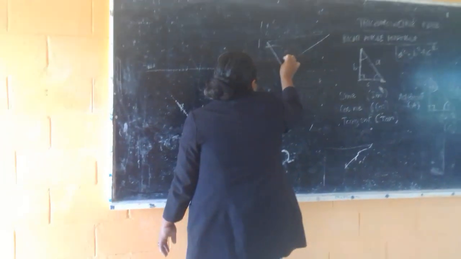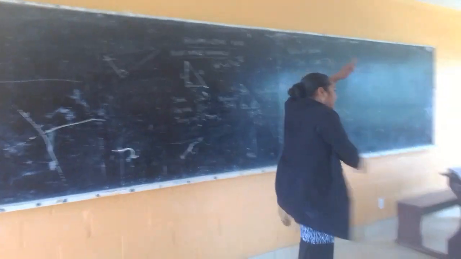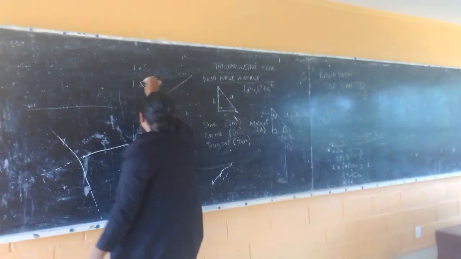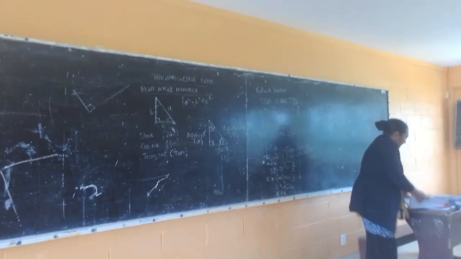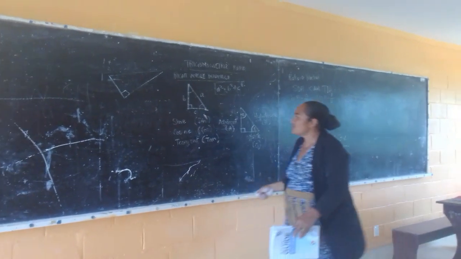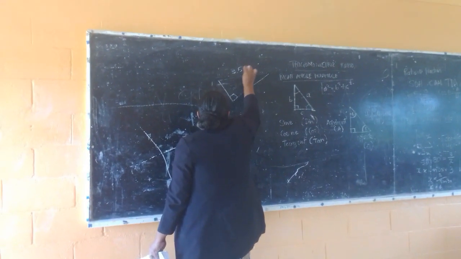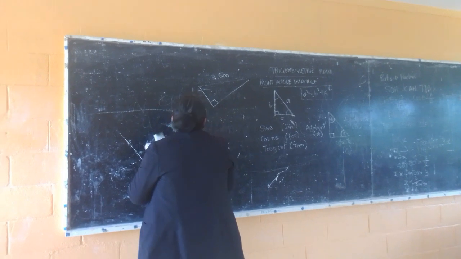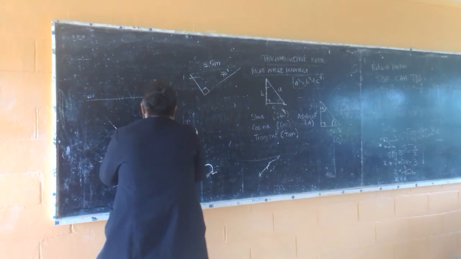Remember, whichever the triangle is facing, up, down, left, right, upside down, turn this way, look for the right angle, and this side will be the what? Hypotenuse. Very good. 3.5 meter here, 70 degree here.